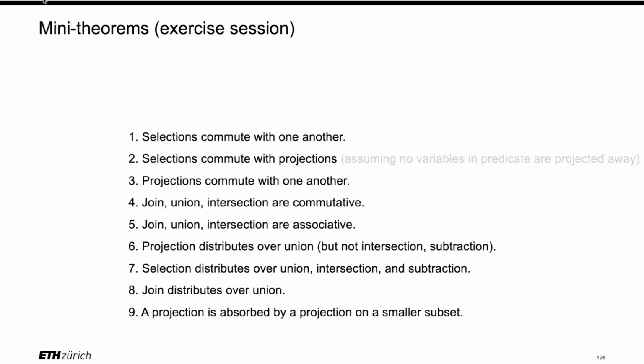Because what's going to happen when you sit in front of your notebook and you type a SQL query in PostgreSQL, maybe your query is not optimal in the way you typed it. It might be written in a way that is correct, but maybe not optimal. Well, PostgreSQL uses these mini theorems to modify your query and rewrite it in an equivalent way that is faster.